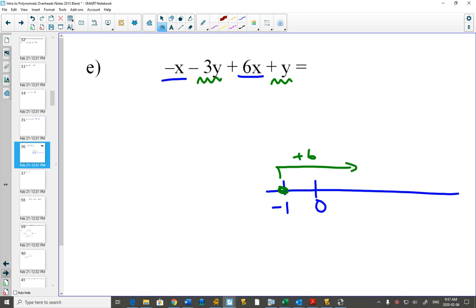I need to add 6. Where would I end up? +5. So if I have a -x plus 6x, I'm going to end at 5x. If I'm at -3 on my number line and I add 1, where would I be? At negative 2.